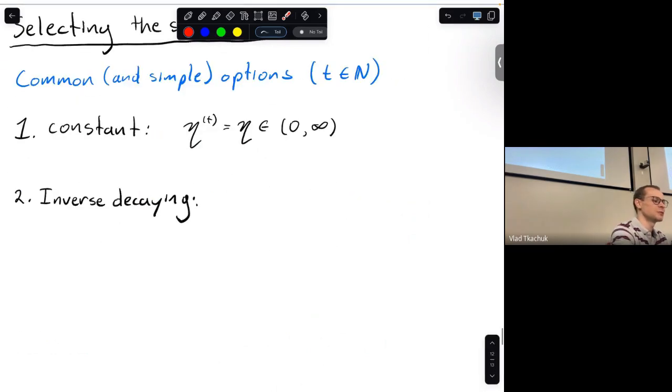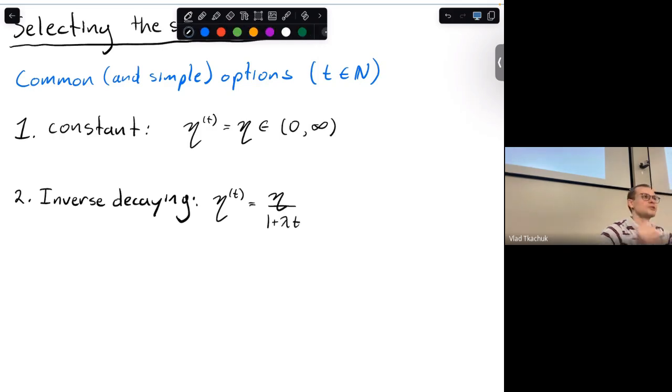So you decay with time. The nice thing is that if you chose a step size too large at the beginning, then you were making really big steps at first, but over time you start making smaller and smaller steps, and eventually you do end up getting to the minimum, even if at the beginning you were overshooting it.